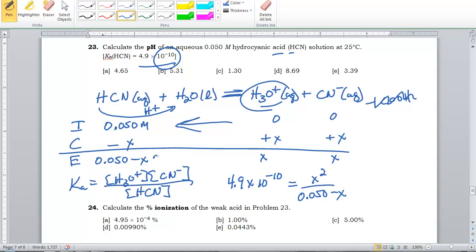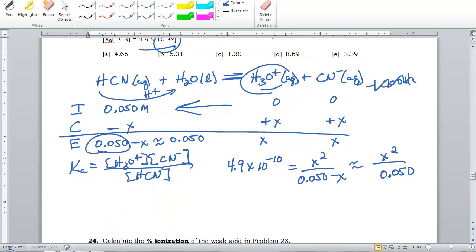So we're going to assume that our initial concentration does not change much. And as an approximation, we're going to assume that initial concentration stays the same. And so that greatly simplifies our calculation while being a good approximation, and it will not impact our calculation to any significant extent.